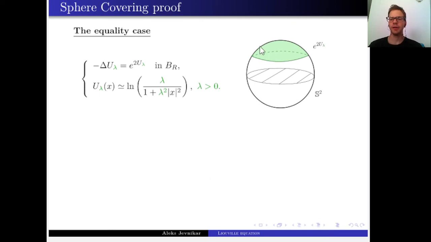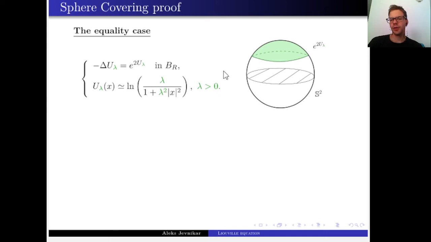So the equality is obtained in the following situation. So suppose we are in a radial situation, so we are in a disk B_R. Here you can take some explicit solutions which are well-known solutions, which are called the bubbles, so which are just the conformal factor of the stereographic projection.